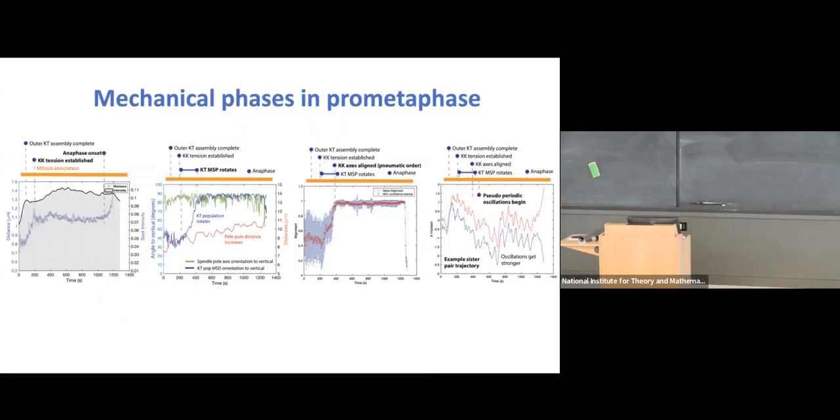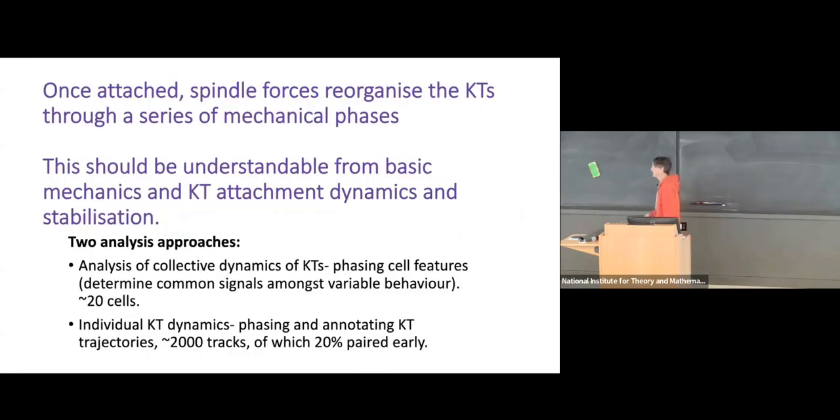You've got outer kinetochore assembly, you've got tension, you've got our nematic order here, and at the same time we've got the spindle pole distance increasing, but we've also got the kinetochore population rotating. On this one, it started out at 45 degrees. Our donut was 45 degrees like that. It rotated. And this rotation is coincident with establishing tension, which it must be.